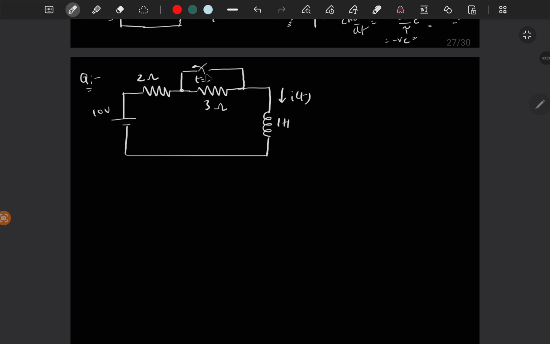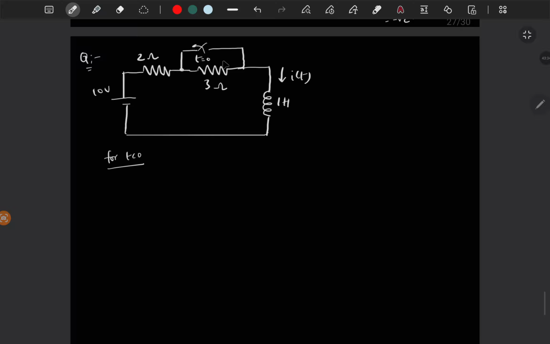So at t is equal to 0, this switch is opened. So for t less than 0, the switch was closed, which means there is no meaning of 3 ohms parallel to that short circuit, right? Since the complete current will flow through that short circuit path. So you have 10 volts and 2 ohm, then short circuit, then inductor.